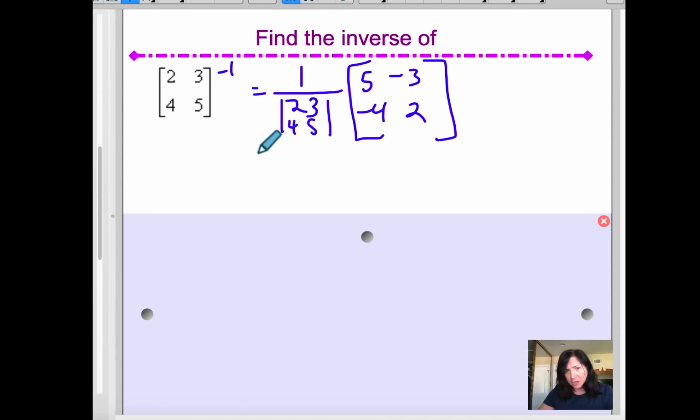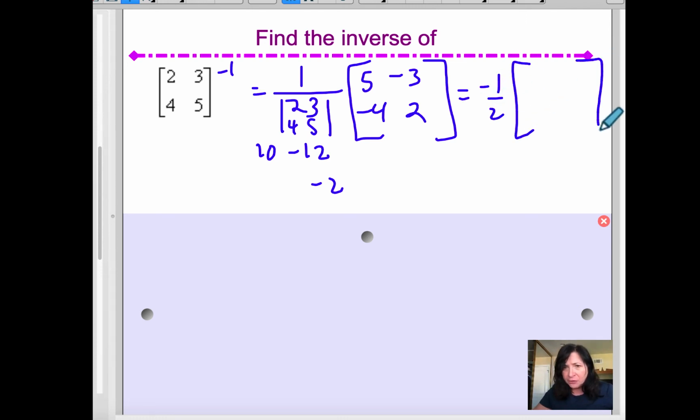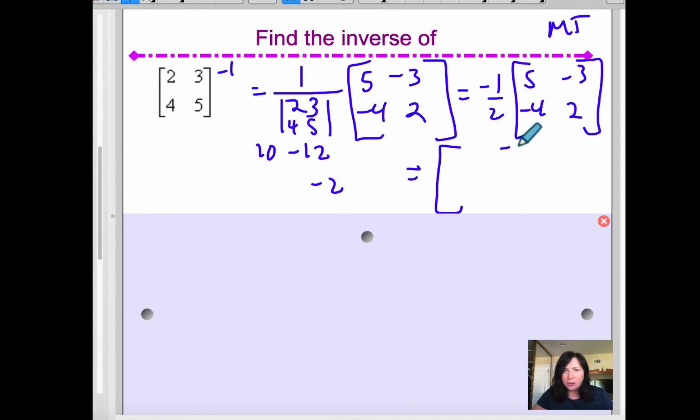So this right here is 10 minus 12, which is negative 2. So 1 over negative 2. So that's negative 1/2 times my matrix, which is 5, negative 4, negative 3, 2. The transpose, right? That's the matrix transpose. And then you just distribute that negative 1/2 in to get your final answer.